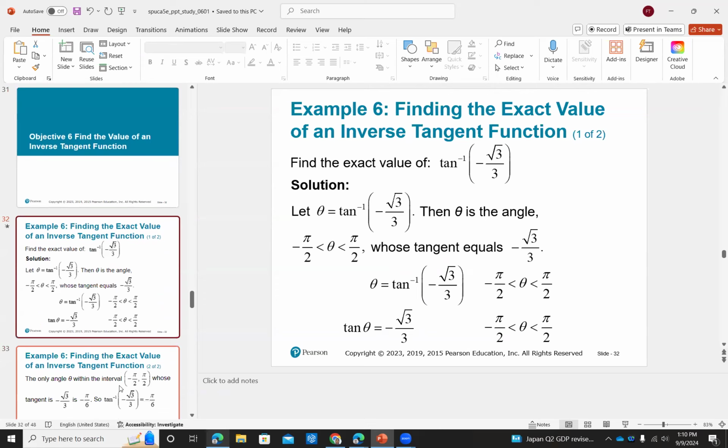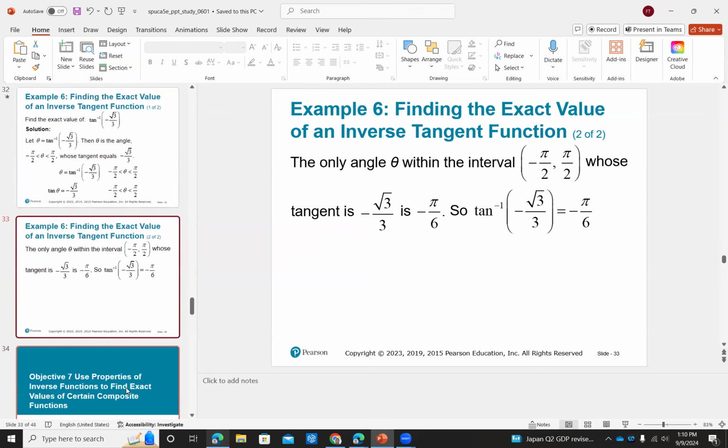For inverse tangent, the question is, what is the inverse tangent of negative root 3 over 3? Which means, what is the angle whose tangent value is equal to negative root 3 over 3? That's what the question is.